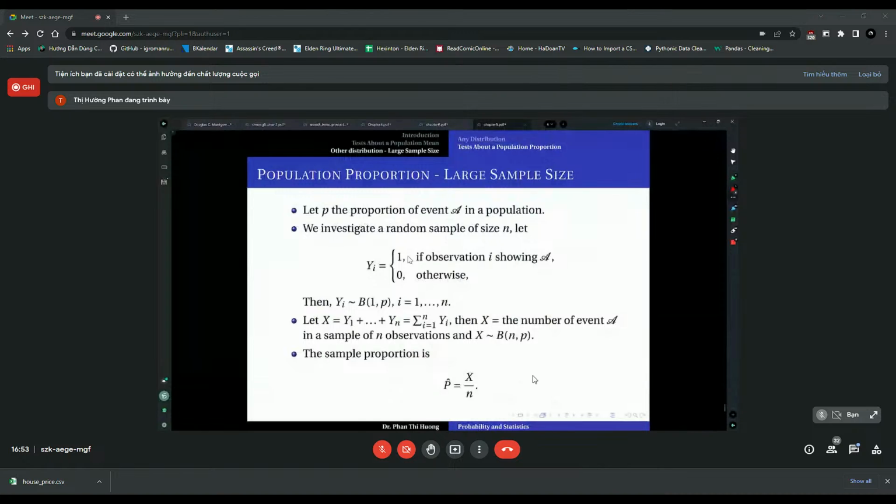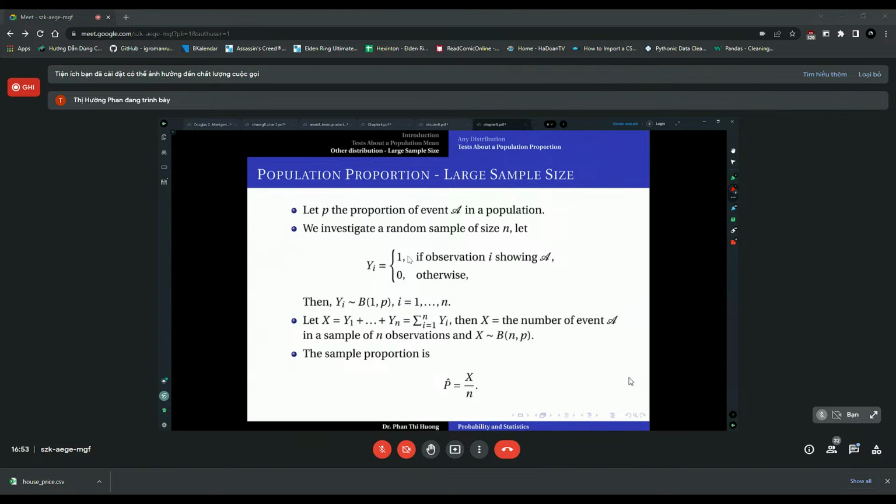The last case. Now we're interested in the population proportion. Let P be the proportion of event A in a population. For example, I may be interested in the percentage of students in our university who have a height greater than 158 centimeters.